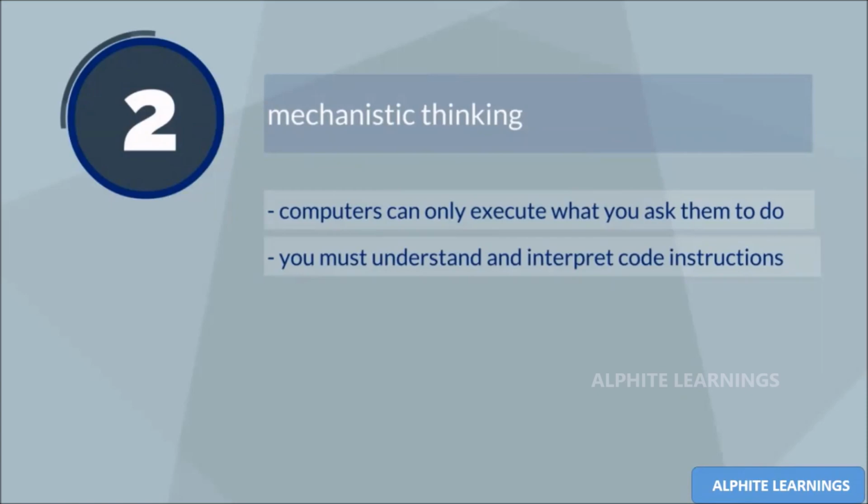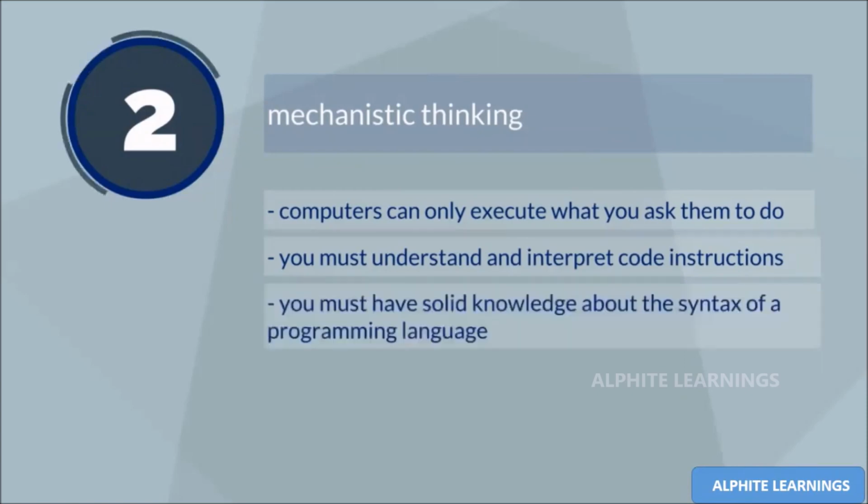You should think, this is what I want, so I am writing this, and you should have solid knowledge about the syntax. If I have misplaced the order, then when I read the program I can identify, okay, this is the part I did wrong.